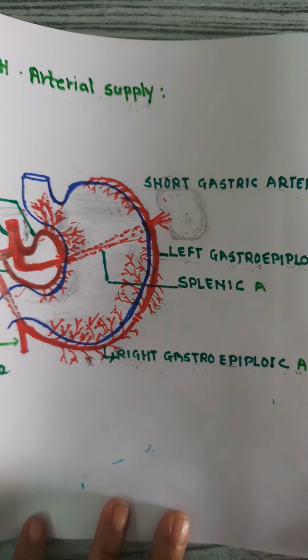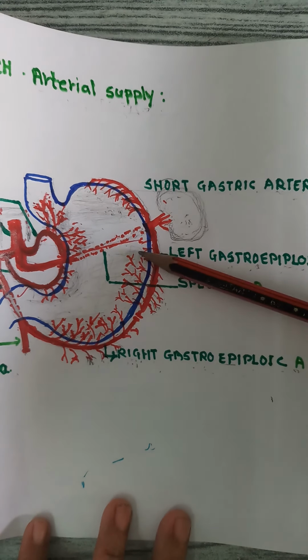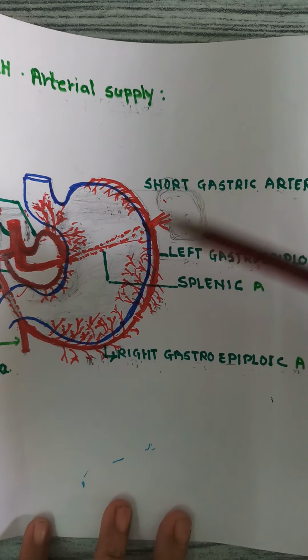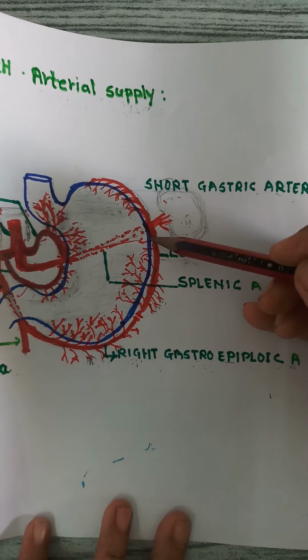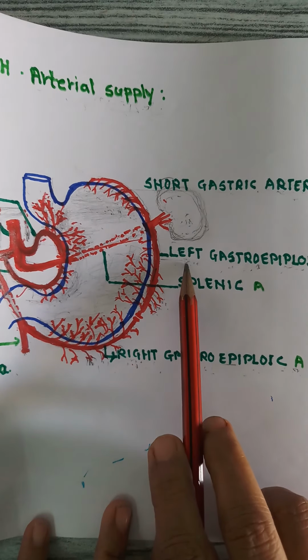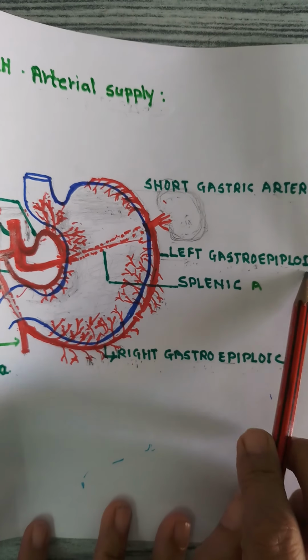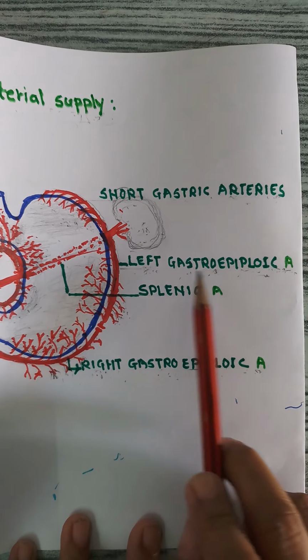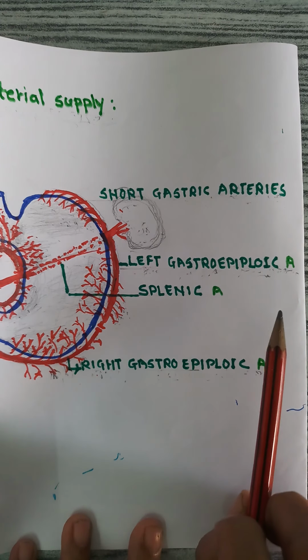Now coming to the greater curvature. The upper part of the greater curvature and adjacent anterior and posterior surfaces of the stomach is supplied by again a branch of the splenic artery, called the left gastroepiploic artery, or it is also called the left gastroduodenal artery.